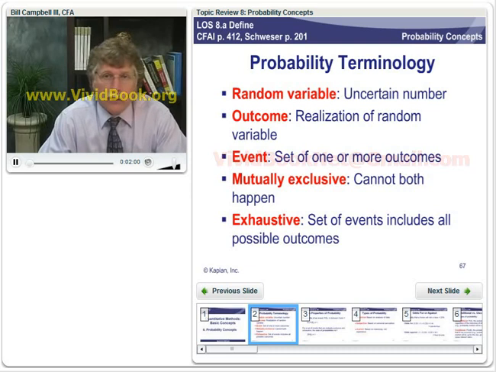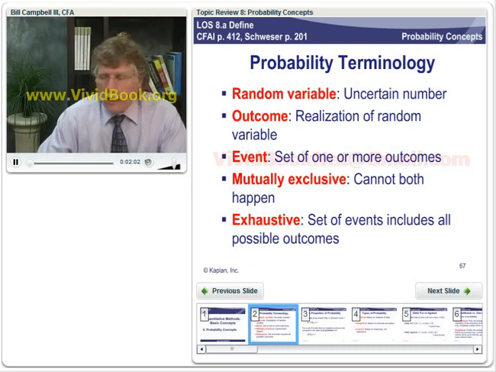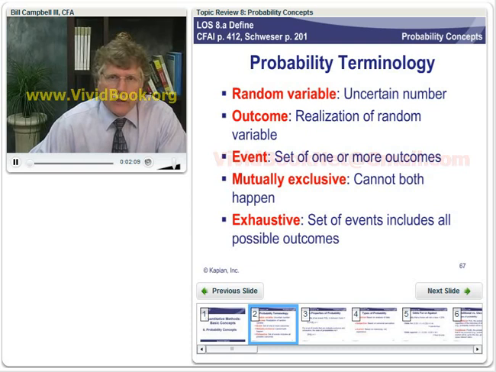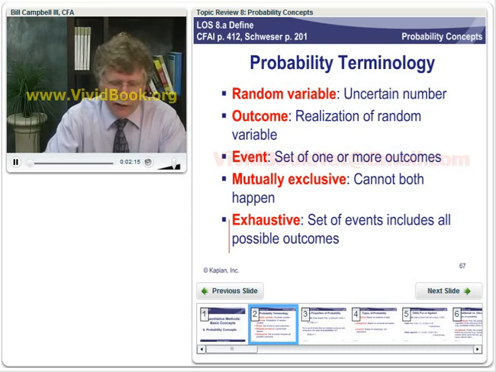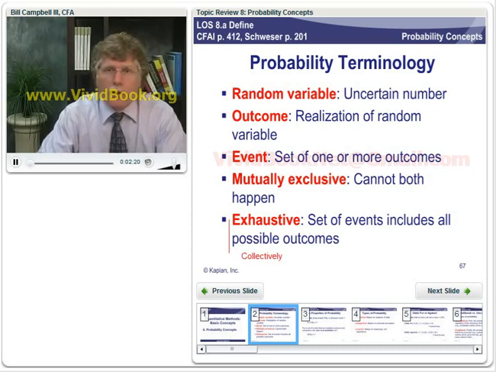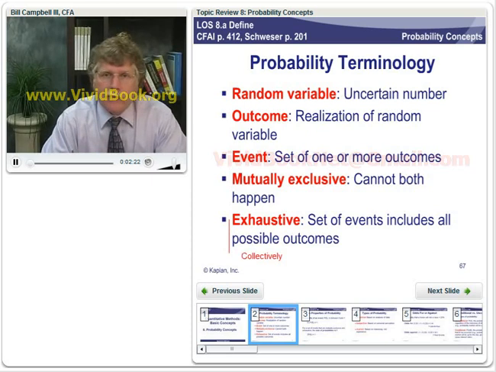That's mutually exclusive. Under exhaustive, I want you to add an extra word. It's an adverb, collectively. We say collectively exhaustive.